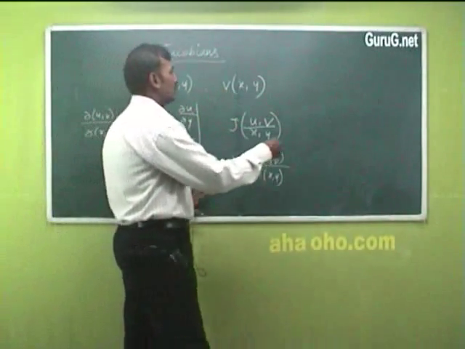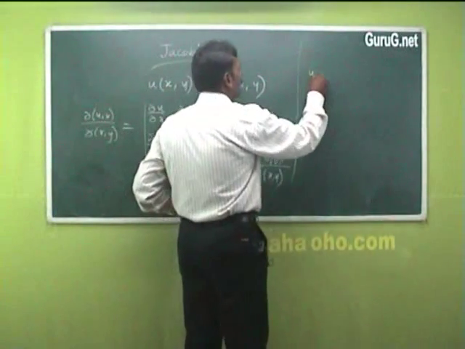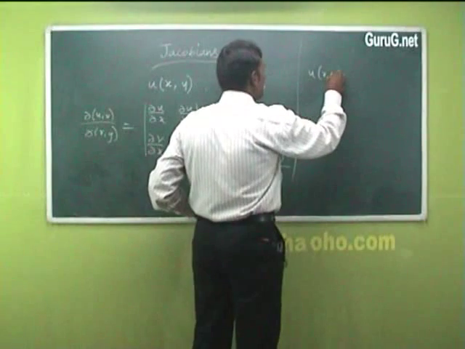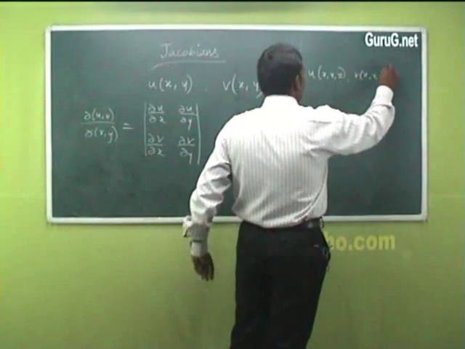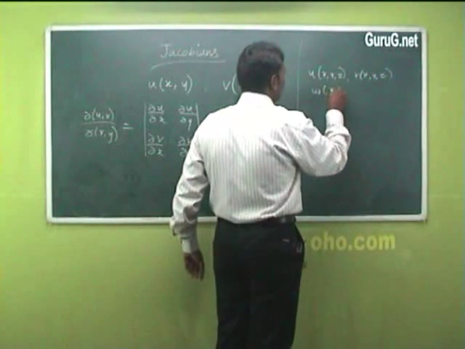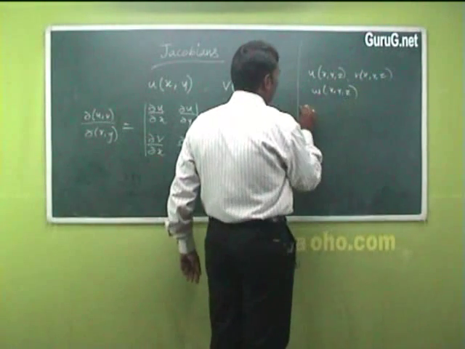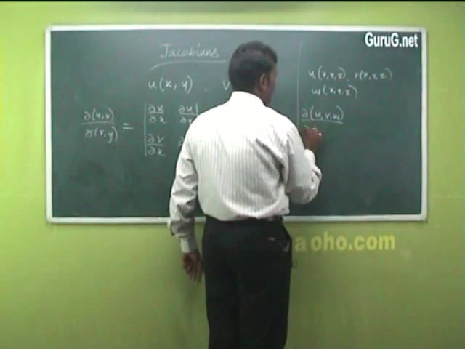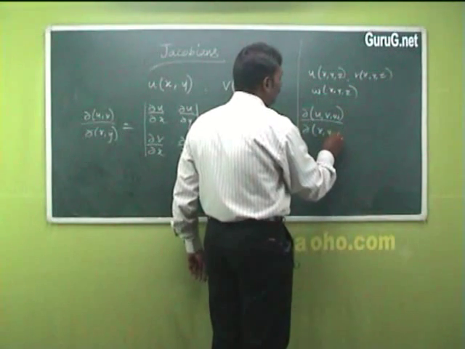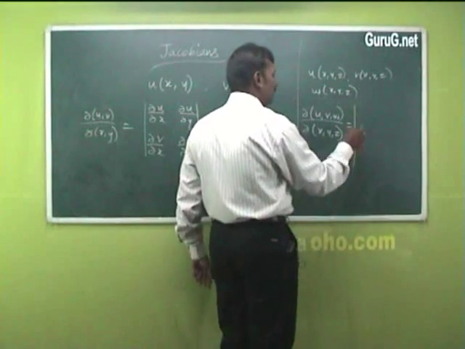Suppose there are three functions: u is a function of x, y, z, and v is also a function of x, y, z, and w is also a function of x, y, z. The Jacobian of u, v, w with respect to x, y, z is another determinant, a 3 by 3 determinant.